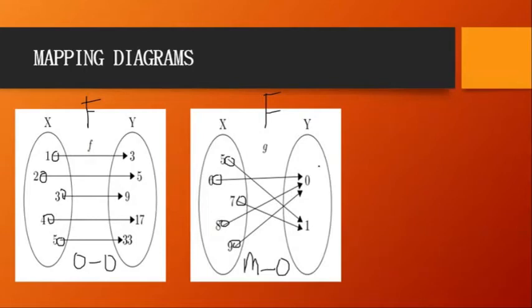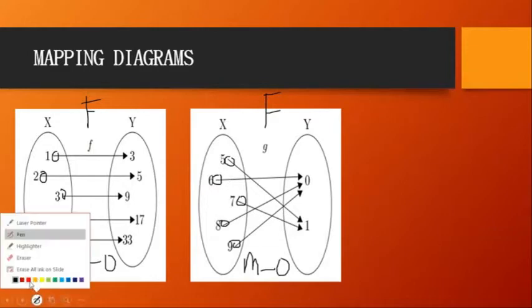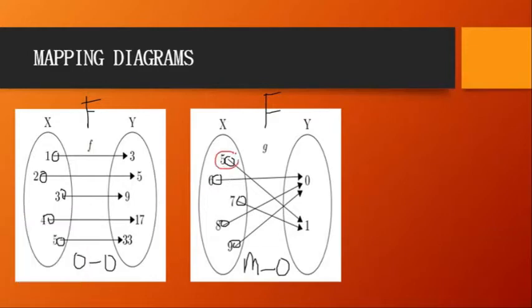Paano ba natin nalalaman if this is a many to 1 function? Tingnan niyo lang po yung x natin. Okay? Yung x natin dito, so this is 5 at 7. Nakaturo sila sa nag-iisang y. Okay? Ibig sabihin, we have many x. Ito yon yung dalawa, to our 1 y. Kasi nag-iisa lang yung y natin dito.